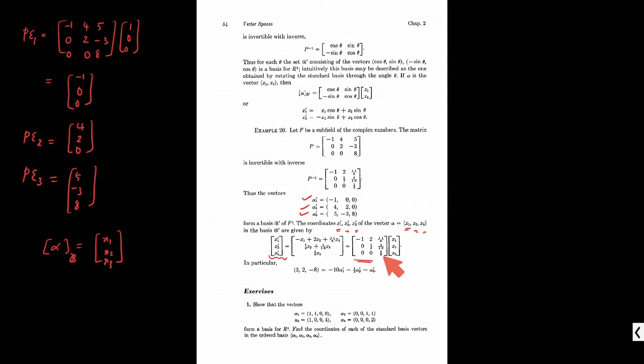When you multiply these two matrices, you will get this. Then we can say that (3, 2, minus 8) is equal to minus 10 alpha 1 prime minus half alpha 2 prime minus alpha 3 prime. That is, when you replace alpha by (3, 2, minus 8) and evaluate these coordinates, you get minus 10, minus half, and minus 1. So these are the coordinates of (3, 2, minus 8) relative to the basis B prime, that is alpha 1 prime, alpha 2 prime, alpha 3 prime.